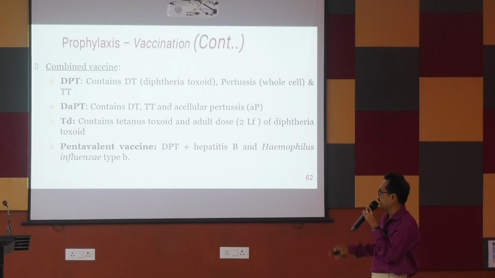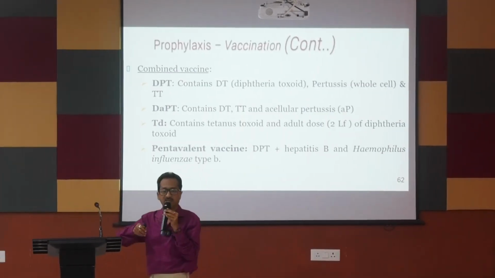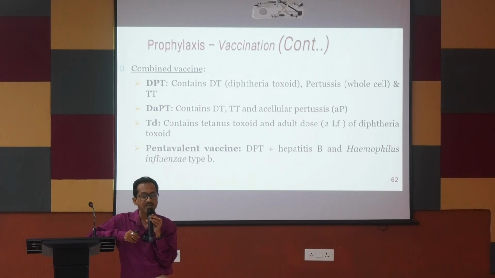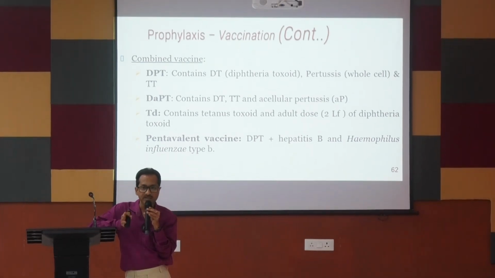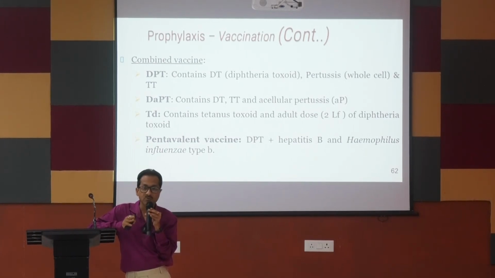Now the pentavalent vaccine is also used: DPT, Haemophilus influenzae type B and hepatitis B. Can anybody tell why Haemophilus influenzae B is given as part of a quadrivalent or pentavalent vaccine, and which is the adjuvant? In DPT, the pertussis part is the adjuvant. Now in Haemophilus influenzae B, which type of vaccine is usually used?